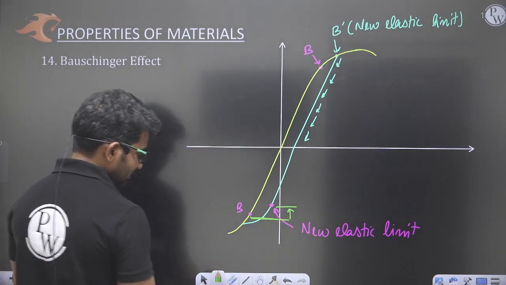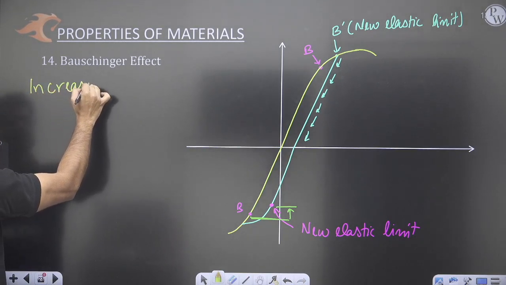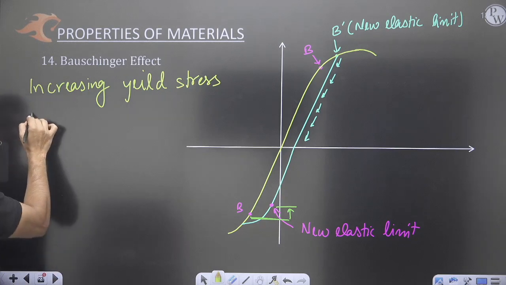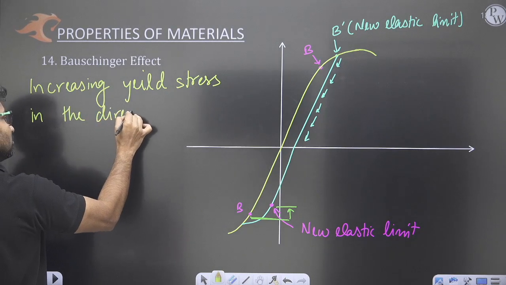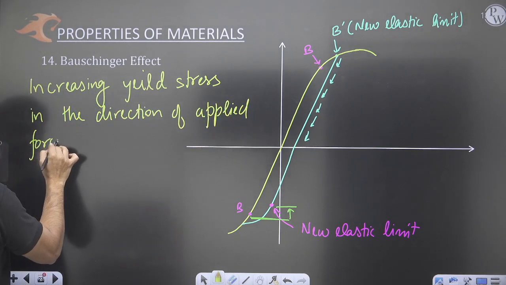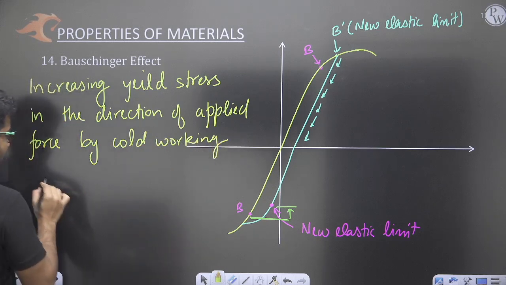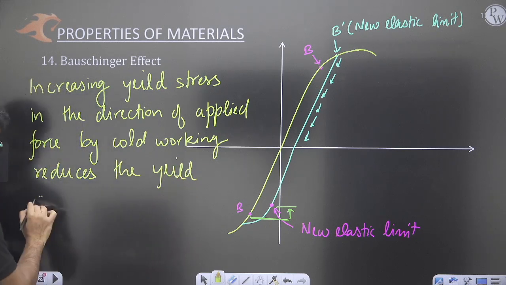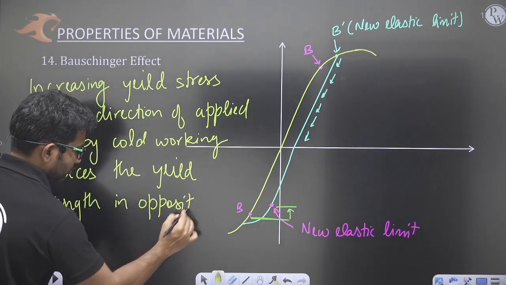So what is the statement of the Bauschinger effect? Increasing the yield stress in the direction of applied force by cold working reduces the yield strength in the opposite direction.